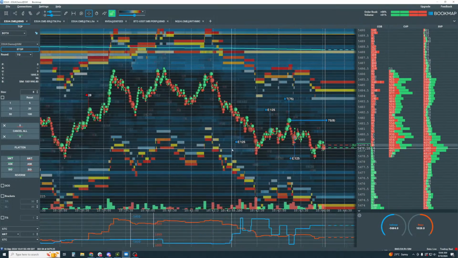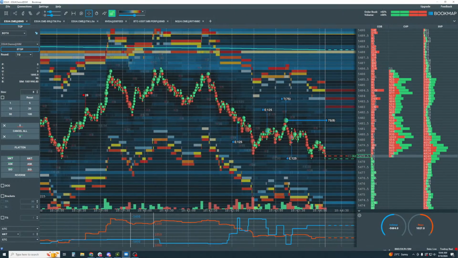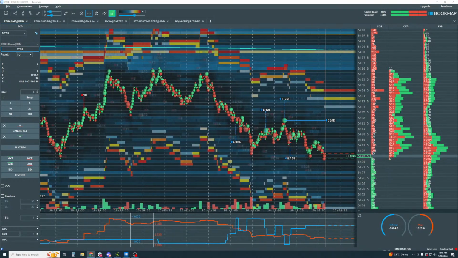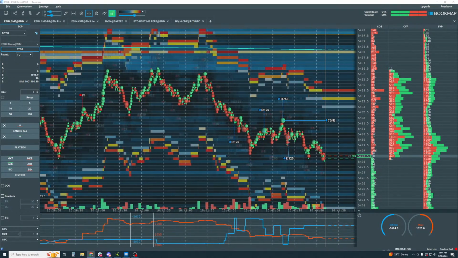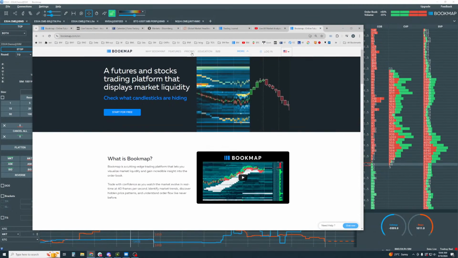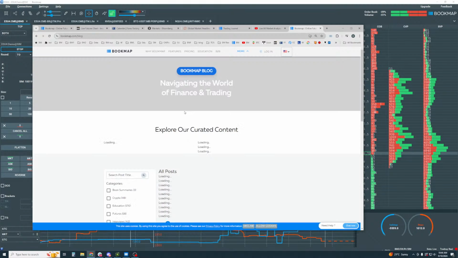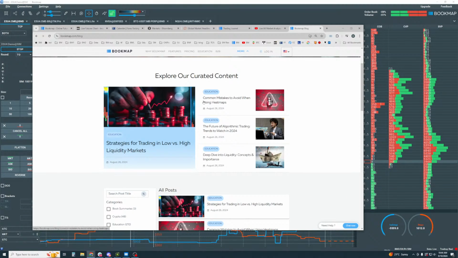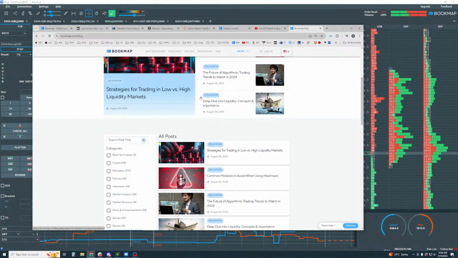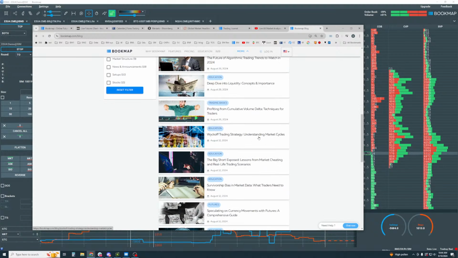And now this is Wyckoff 101 here. As you guys know, in fact, let me show you our blog article on this. We have a nice article on it. Just go to bookmap.com, click on more, and go to the blog here. And then some really great articles in here recently, guys. So, I encourage you to go check it out.